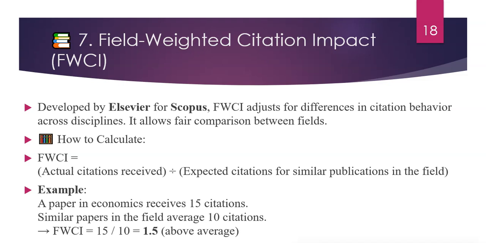Example: a paper in economics receives 15 citations. Similar papers in the field average 10 citations. So FWCI equals 15 divided by 10, which is 1.5. This is above average.